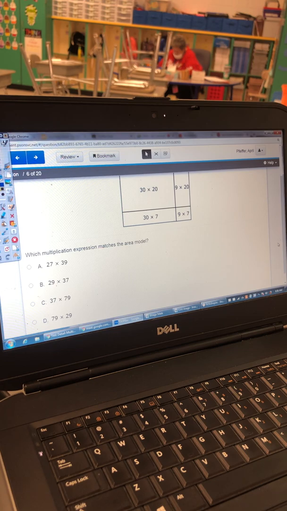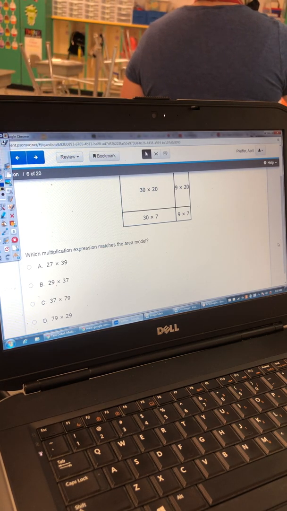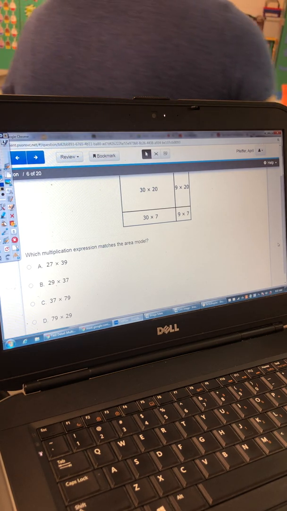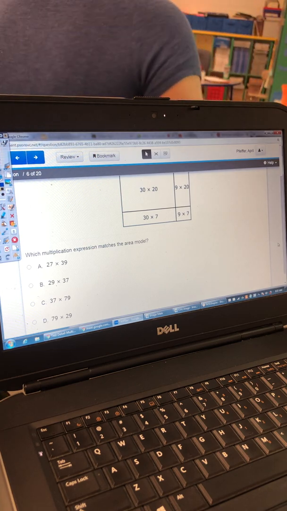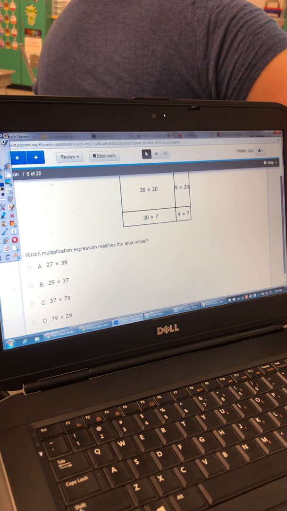Or you can just look at it and say, all right, 27 is breaking it up into 20 plus 7. This is 30 plus 9. And then look over here and see if it matches. If you were to write it above and across.